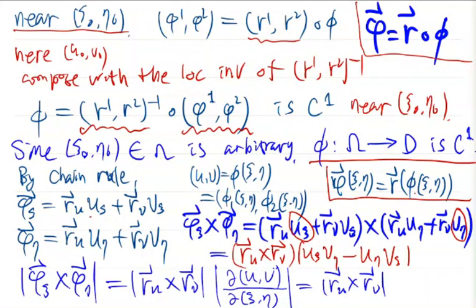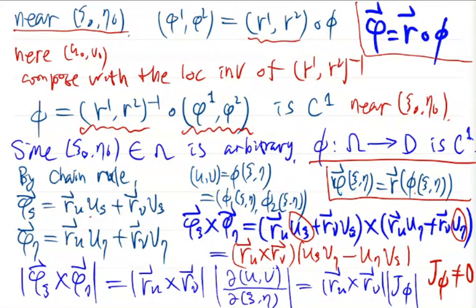Then this is the Jacobian determinant of our map phi. Okay? This Jacobian determinant is precisely the Jacobian determinant of our map phi, and we need to take the absolute value. So this tells us that J phi is not zero at every point.